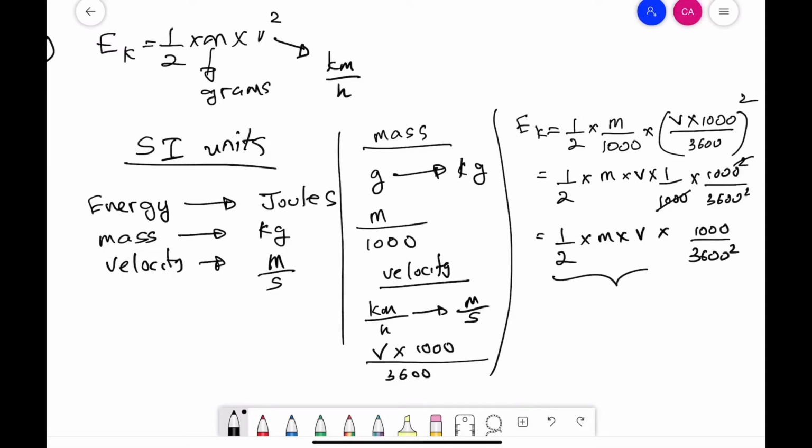Therefore, this was the initial calculation by the student. So we need to multiply the initial calculation by a factor of 1000 over 3600 squared in order to represent the answer in joules. So the answer should be A.